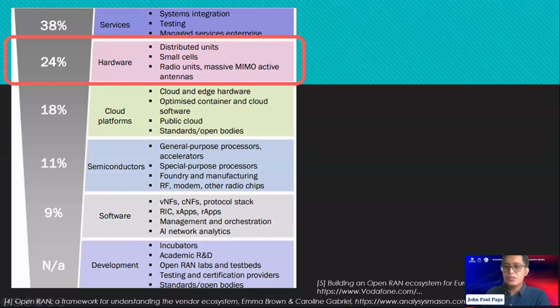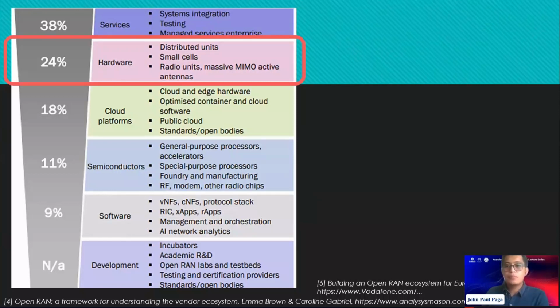Since interoperability comes into play, it brings more vendors available to the operator for distributed units, small cells, radio units, and massive MIMO antennas. With 5G, we are leveraging the sub-6 gigahertz and millimeter wave frequencies.